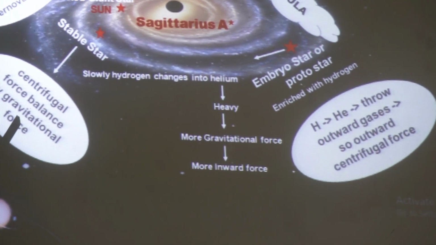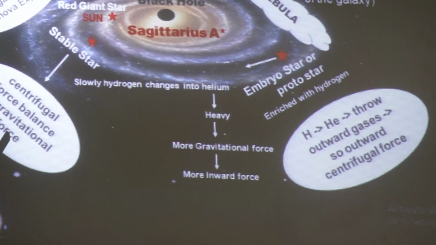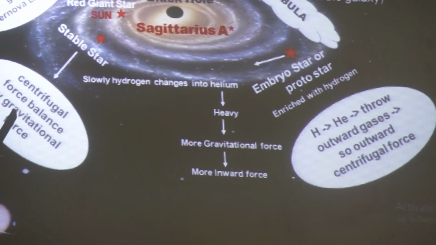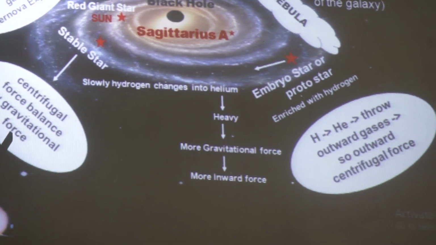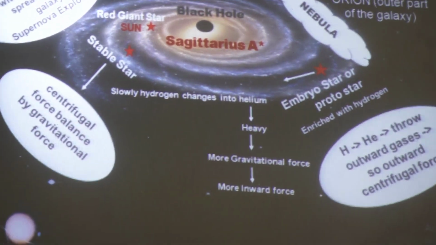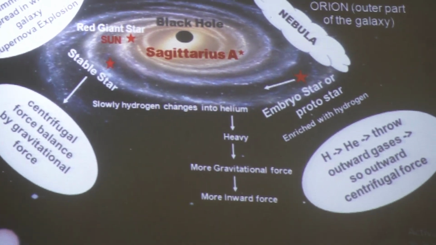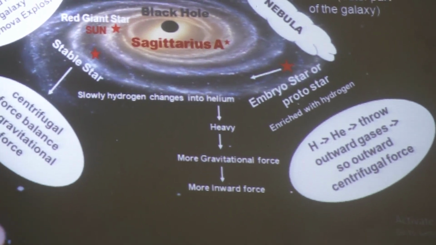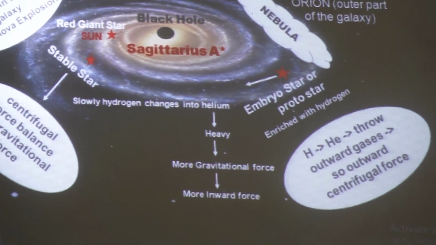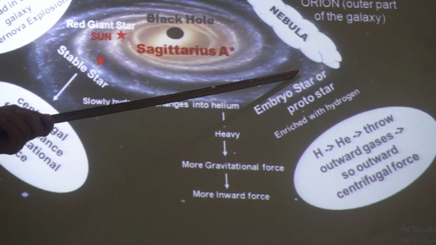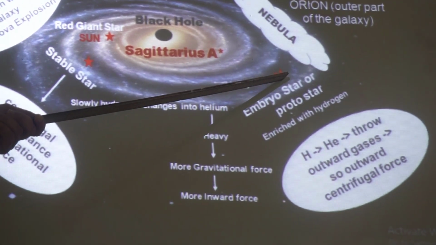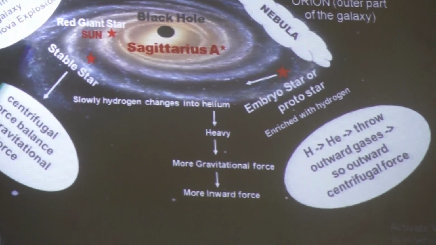So the gun recoils, right? When the gun recoils, it goes towards the center, and the bullet goes outward. Same thing happens with the hydrogen and helium. When the hydrogen changes into helium, the helium is heavy, so it goes towards the center of this star, and the hydrogen goes away.